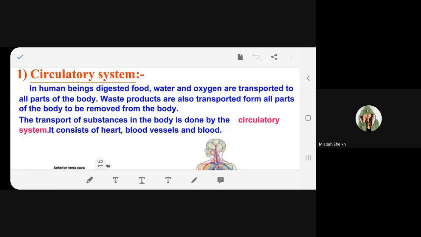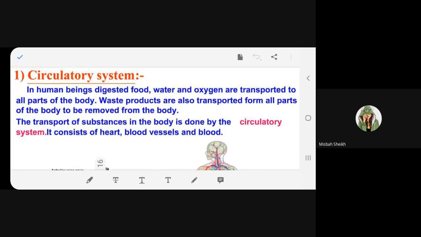Okay. So, what is the circulatory system, by the way? It is a system where the things are moving, the things are transported, the things are circulated in the body. That's why it is called a circulatory system. Now, the first question is, what are the things that are circulated? Digested food, water, and oxygen. So, they are transported to all parts of the body.